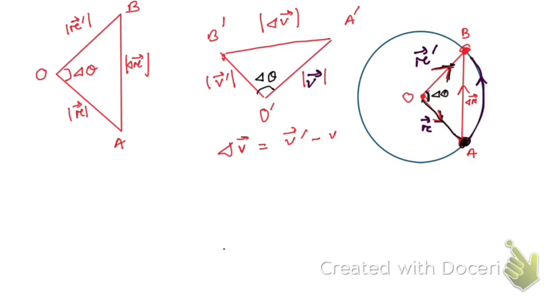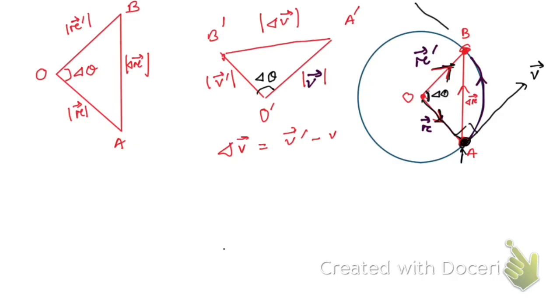Why del theta? Because the direction of V, the instantaneous velocity at A, is along the tangent at A, and the radius through the point of contact is perpendicular to this tangent.